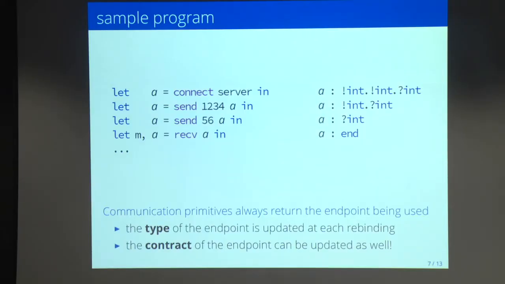This is the idea, and now we will see how this actually happens. The difference is that the type of the endpoint is updated at compile time, whereas the contract of the endpoint will be updated at runtime as the session progresses.